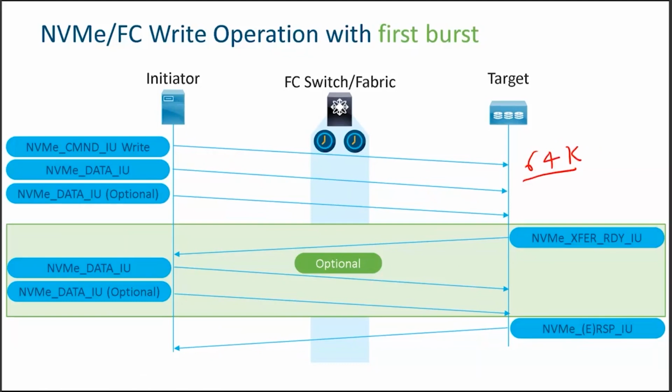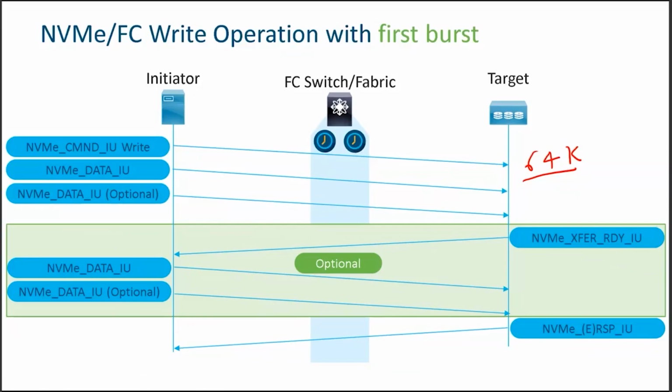And once they negotiate on that value, if the initiator wants to send, it doesn't really wait for the transfer ready. The target may still send back transfer ready, but the initiator is not going to wait and just sends the data. So if you look at this and remove this whole optional step here, it becomes a single step transaction, even for write commands.